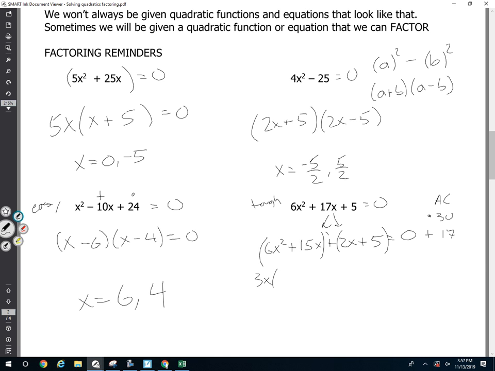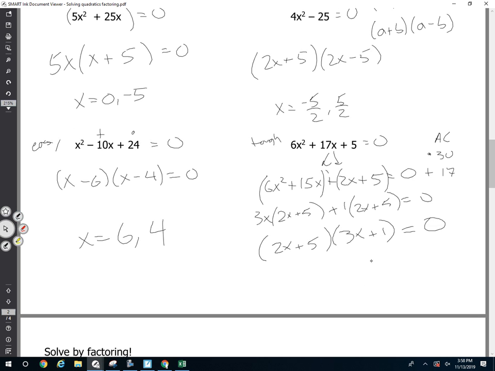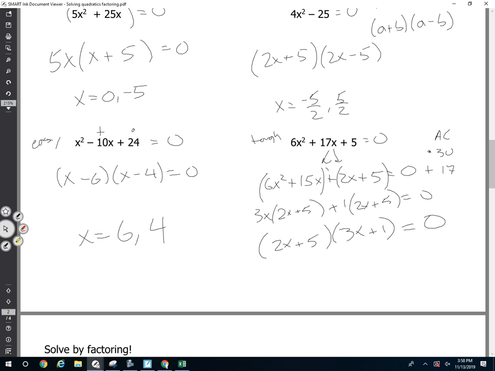All right, so 3x gets pulled out. I get 2x plus 5, right? And then a 1 gets pulled out, so I have 2x plus 5. That gives me 2x plus 5 times 3x plus 1. If I see this, though it's a little bit more work, I can't just easily see the answer like 6 and 4.